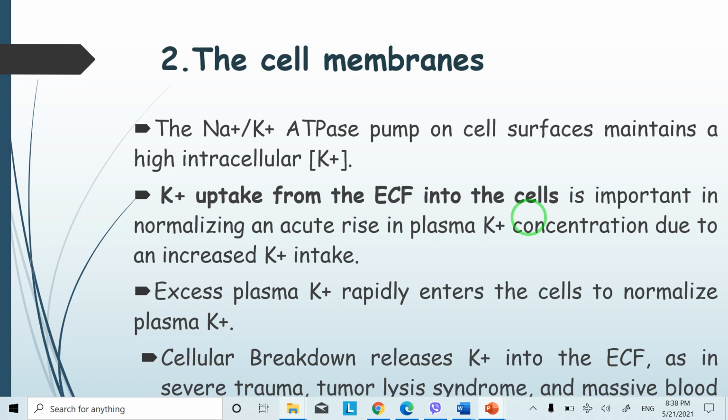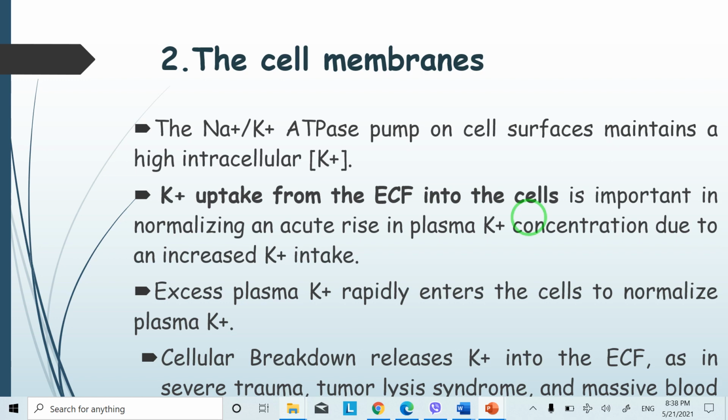The other important controlling mechanism is the cell membrane. The concentration of potassium inside the cell is about 20 times its concentration in the extracellular fluid, and this is maintained by an active process.